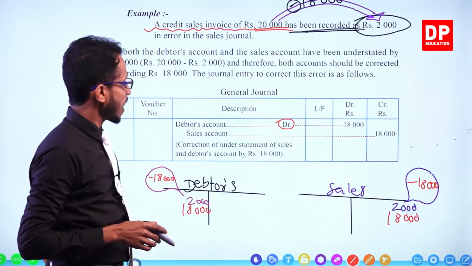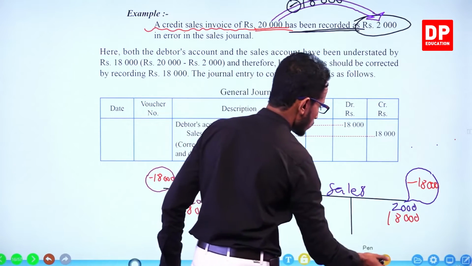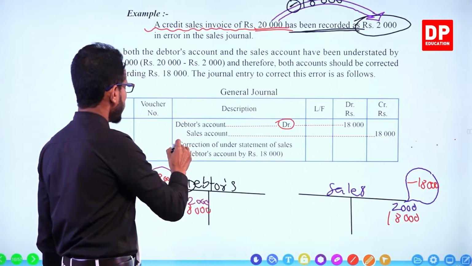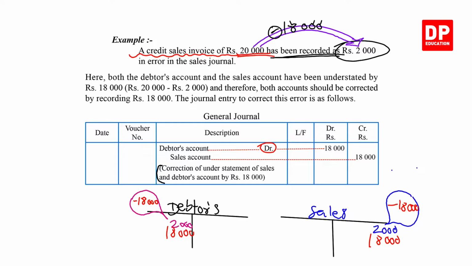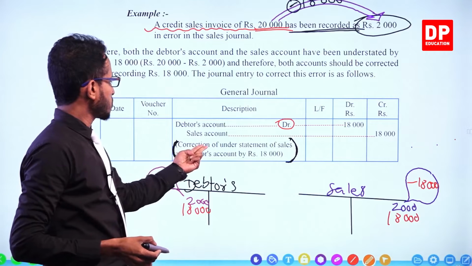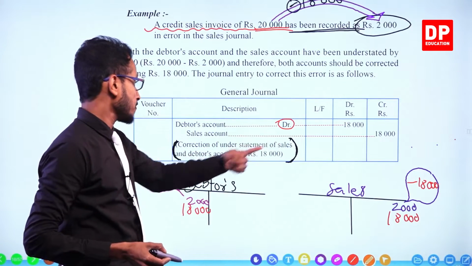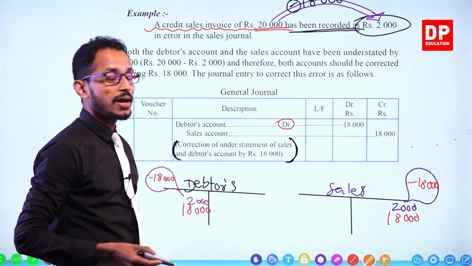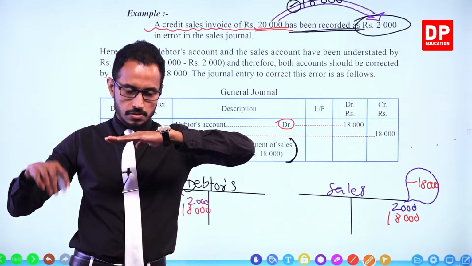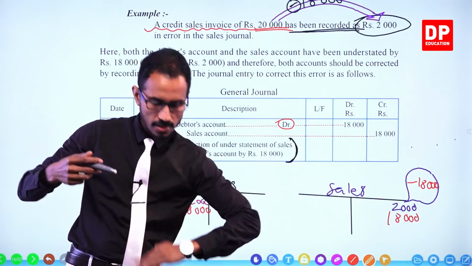And you write the narration. What is the narration? Correction of understating the sales and debtors account by 18,000. Understating means mentioning a lesser value.